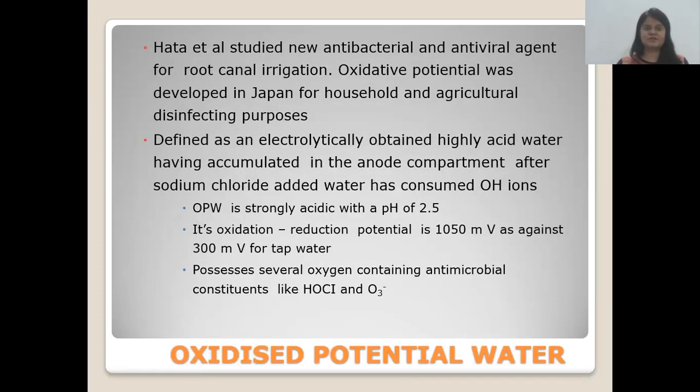Now oxidative potential water: Hata et al. studied it as an antibacterial and antiviral agent for root canal irrigation. Oxidative potential water was developed in Japan for household and agricultural purposes.